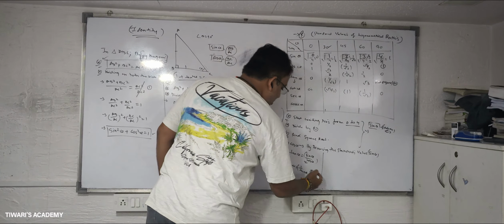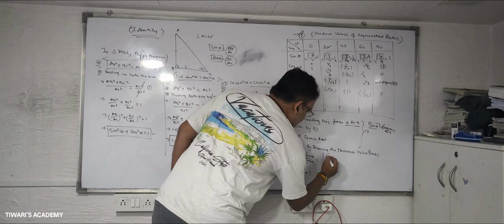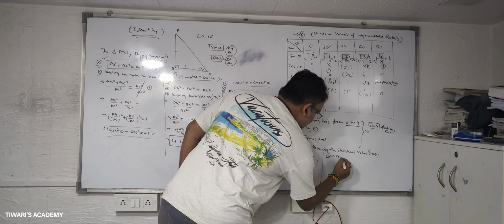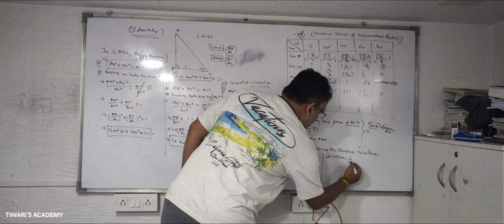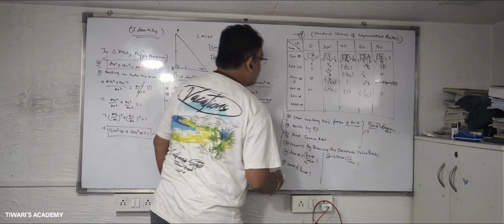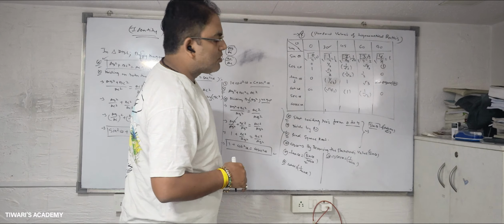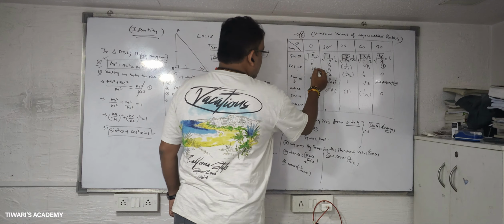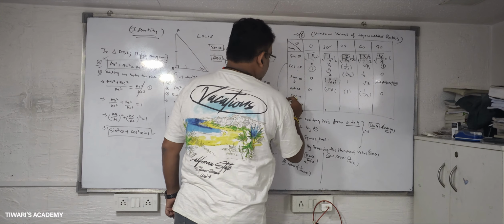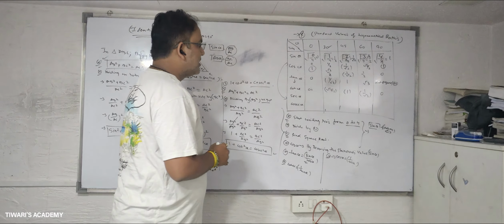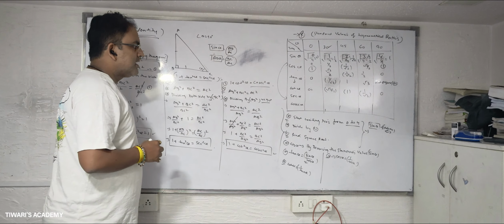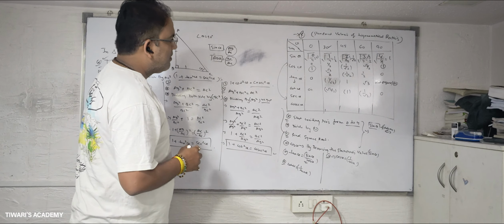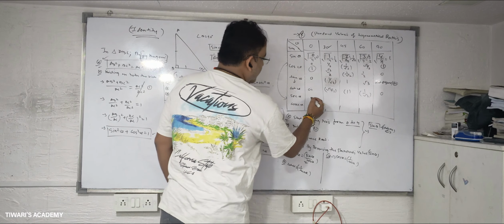Now for sec theta: sec theta is 1 upon cos, so I just need the reciprocal of cos theta. Sec 0 is 1 upon 1, which is 1.